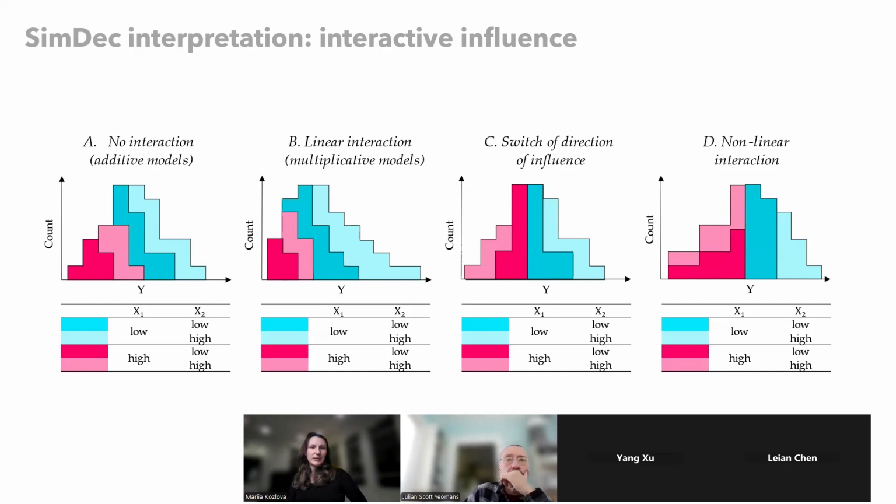And here we can see no interaction, like on the first picture, just a gradual shift of all the scenarios. Then linear interaction, or practically when x1 is multiplied by x2, you'll see exactly like that. You'll still see a gradual shift, but every time you go to the right or left, it actually increases the range of the output. So the higher one variable is, the more the second variable has an effect on the output.